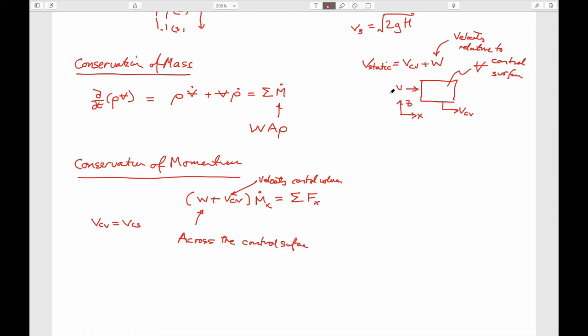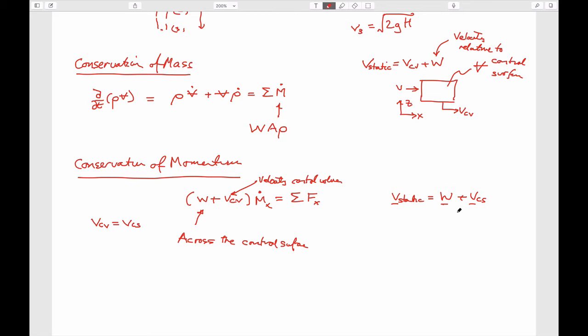And I think the same applies here. I'll write it out. So V static equals W plus V CS. These are vectors, of course. They're X, Y, and Z components, but typically you're only interested in one at a time.